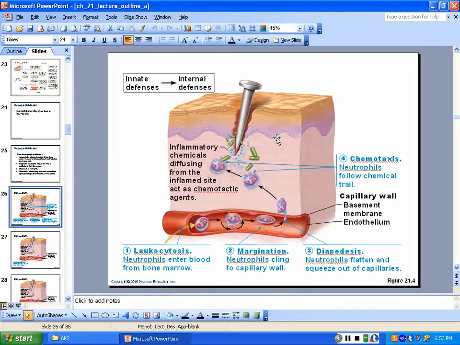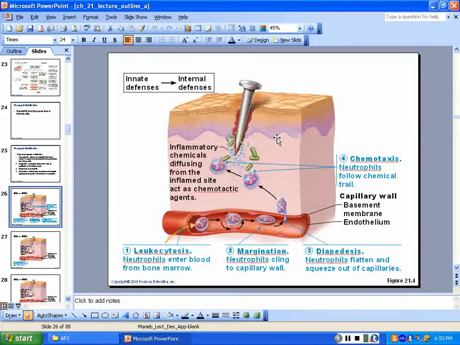As a part of this, we need to understand, which you guys already know most of this, would it not make sense for white blood cells to move into the area? Right? If you have damage, of course that makes sense. So here's kind of the process. Notice that when you have damage to this barrier, you get what's called a leukocytosis.